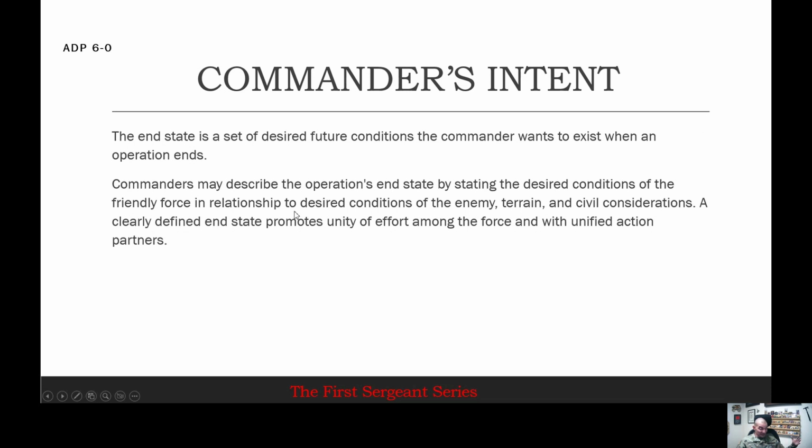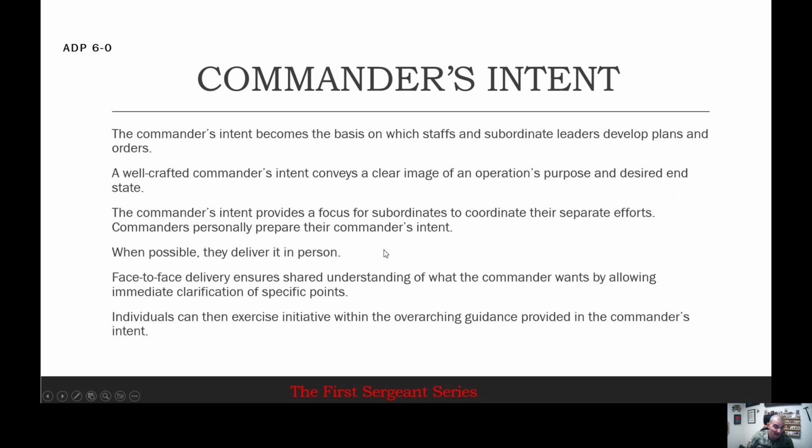The end state is a set of desired future conditions that the commander wants to exist when the operation ends. Commanders may describe the operation's end state by stating the desired conditions of the force in relation to the enemy, terrain, civil considerations, etc. A clearly defined end state promotes unity of effort among the force and unified action partners.